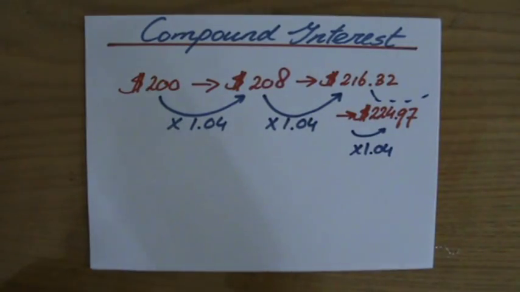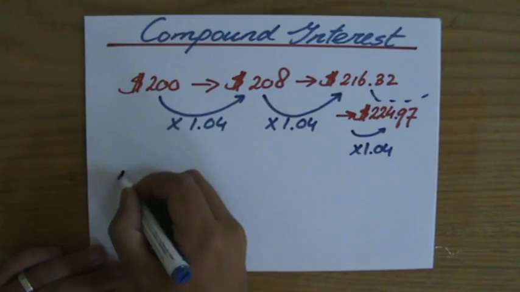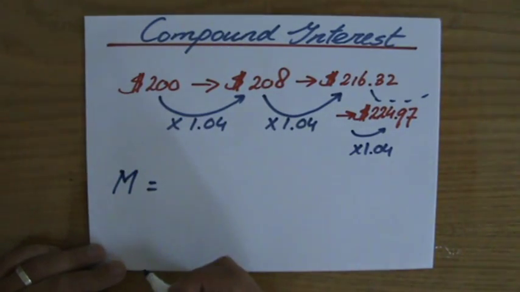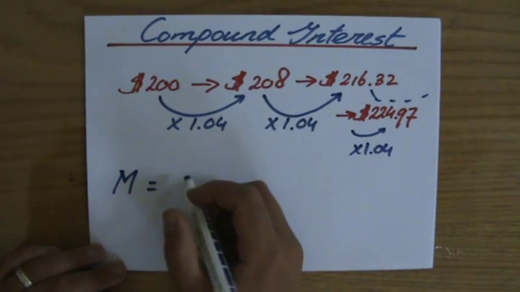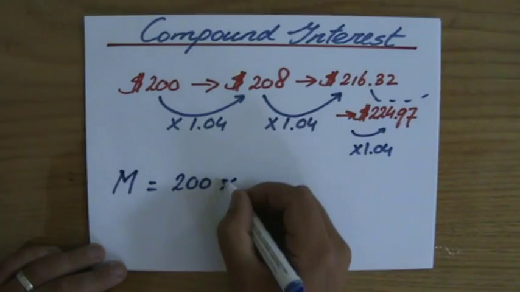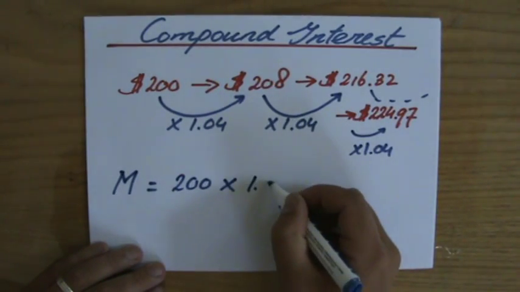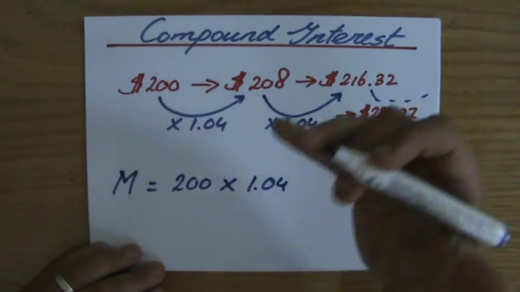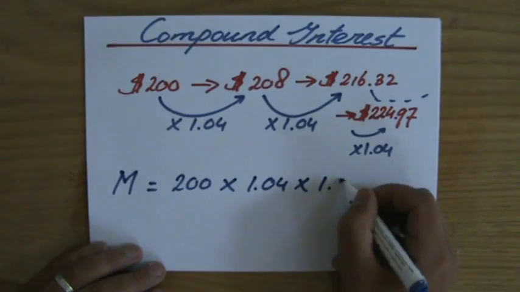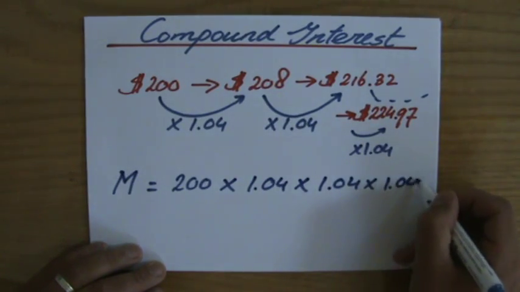So again, compound interest. The amount of money I have at the end is my starting value, which is in this case 200, times the percentage increase, so 1.04 in this case, to the power 3, because I do that for 3 years, as you can see, 1, 2, 3 years.